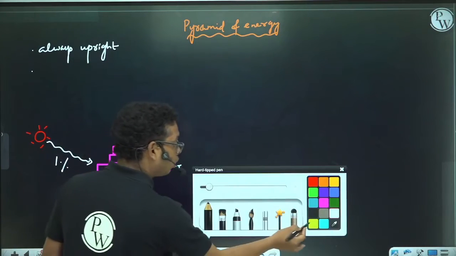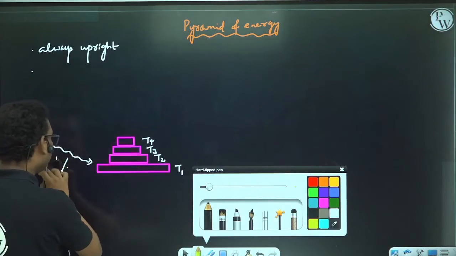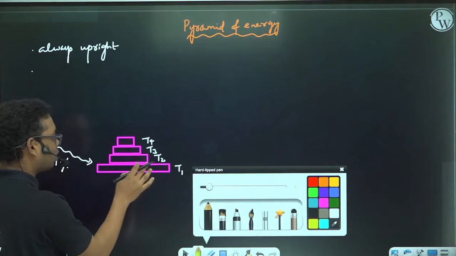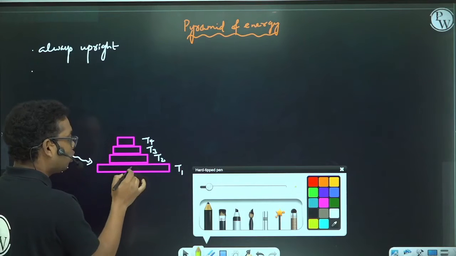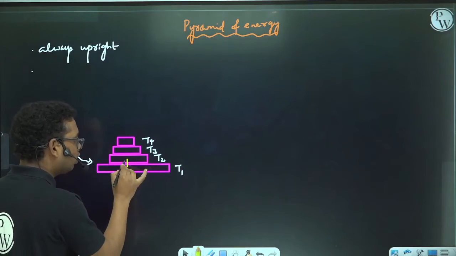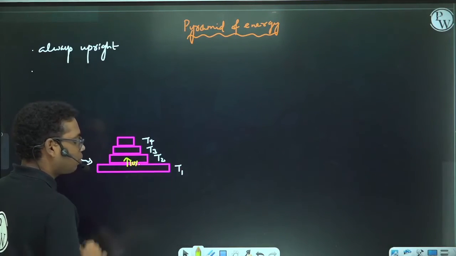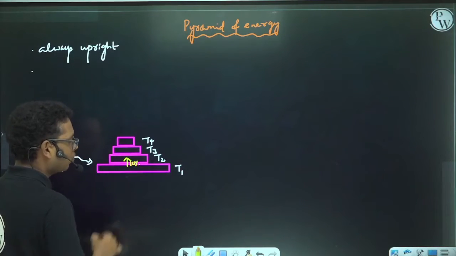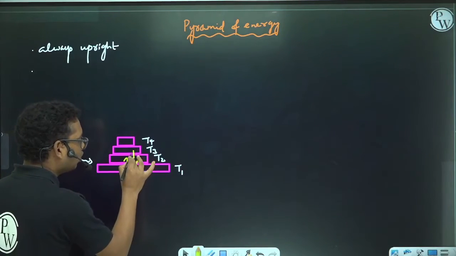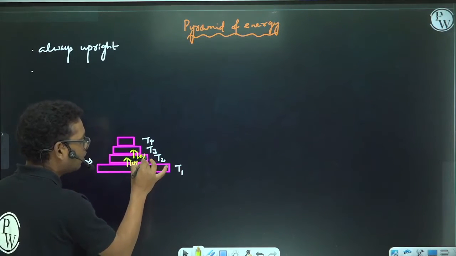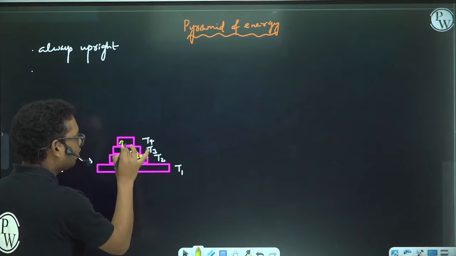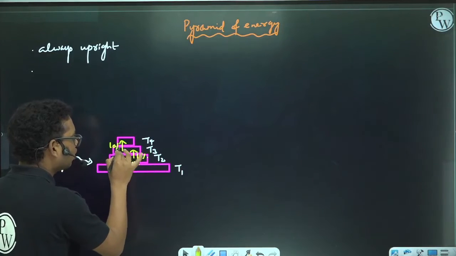So only 1% of the energy available to the plants is used by the producers. From trophic level first to second, only 10% energy is transferred. From trophic level second to third, only 10% energy is transferred, and from trophic level third to fourth, only 10% energy is transferred.